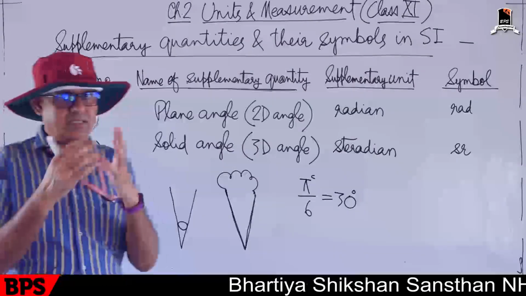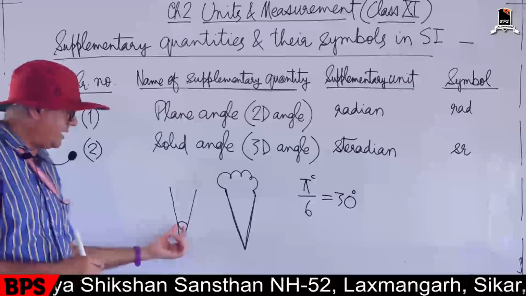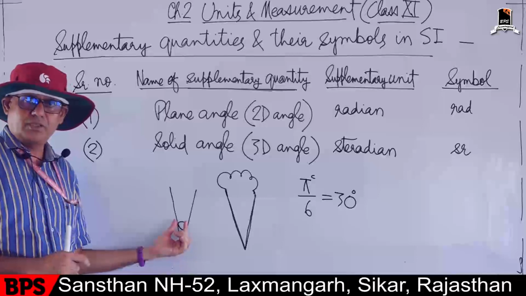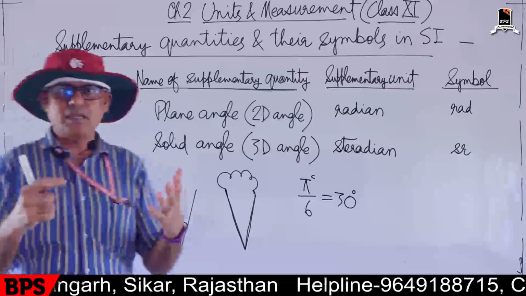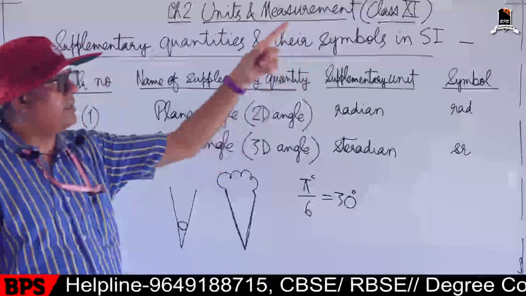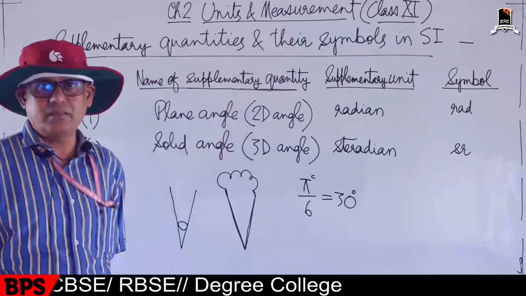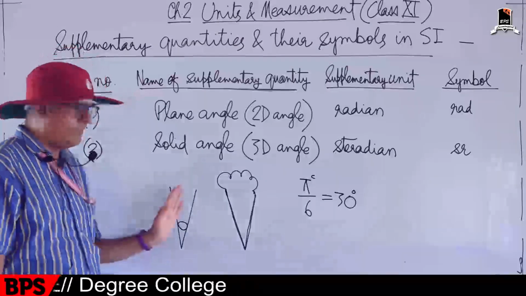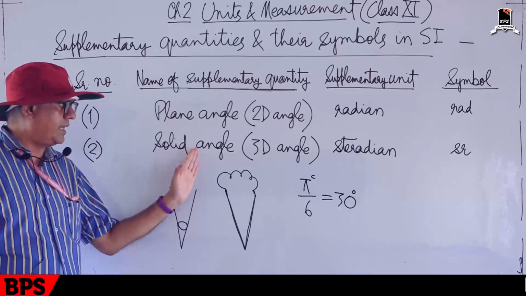If you look at that softy cone, then you find that there is an angle which does not lie in a plane. It lies in space. Likewise, this corner lies in space. It is not in a plane. So these angles are termed as solid angles.